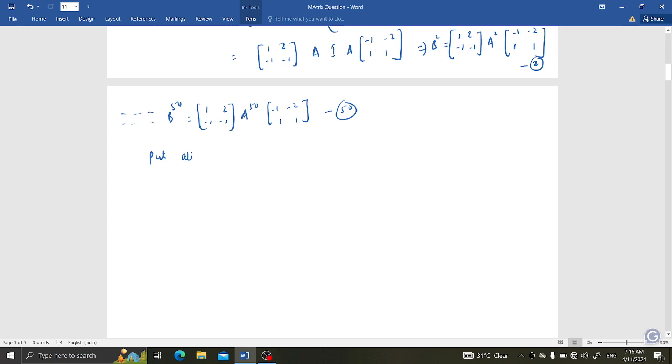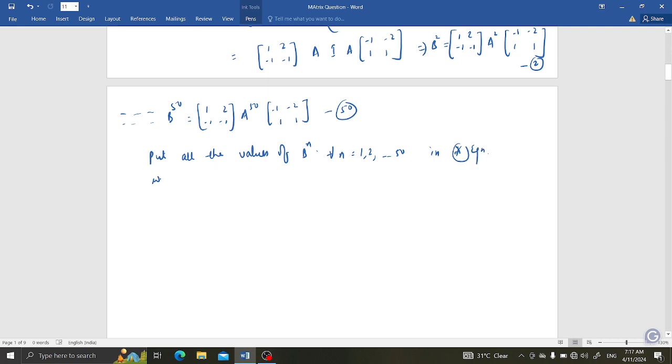Put all the values of B raised to the power n, for all n equal to 1 up to 50, in the star equation.